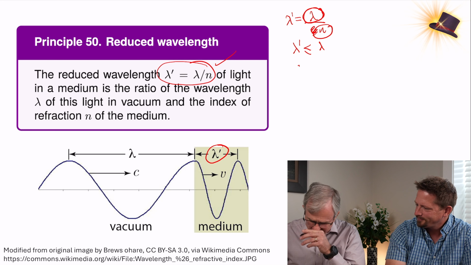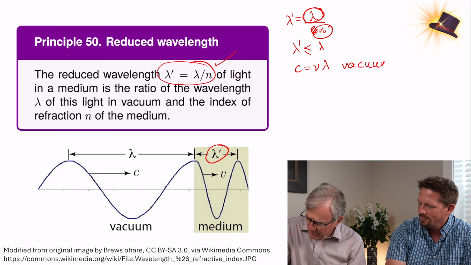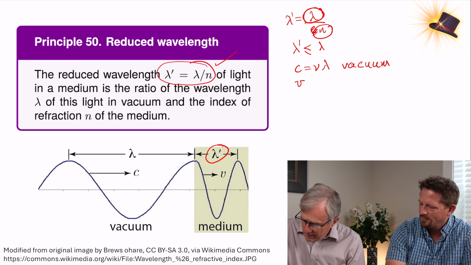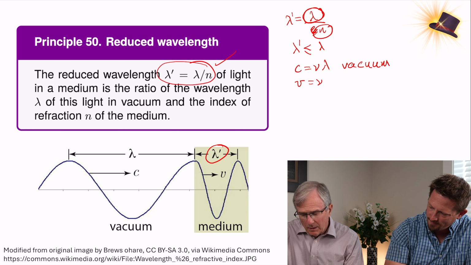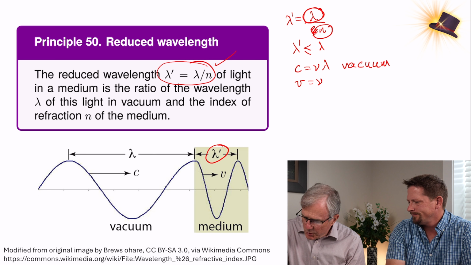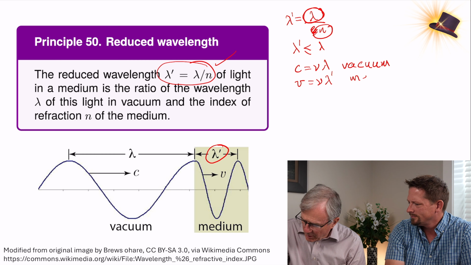So we can write c equals nu times lambda in vacuum. We can also write the speed of light in the medium as nu, with the same frequency nu, times lambda prime. So this is in the medium.